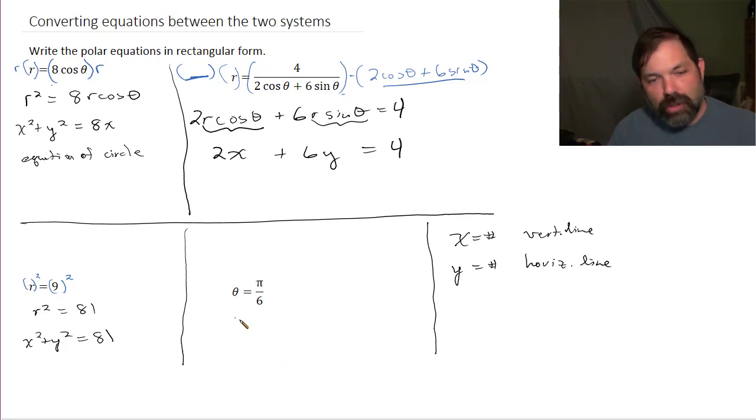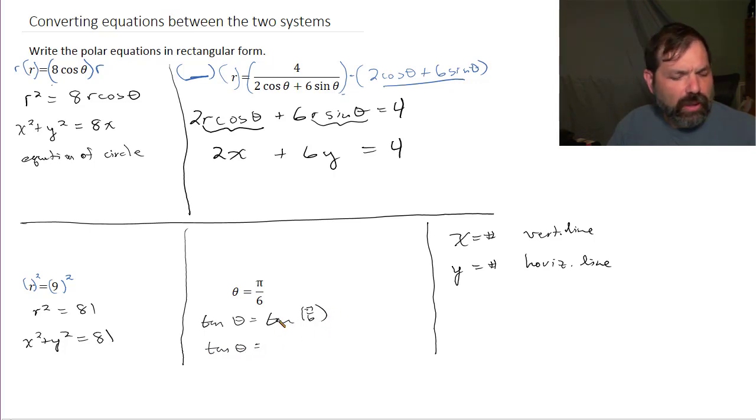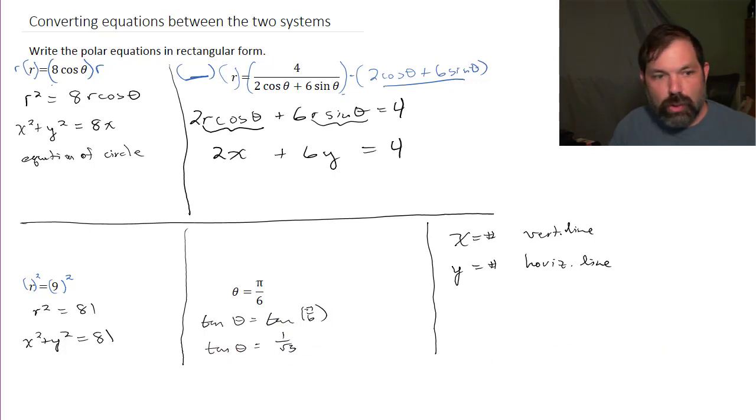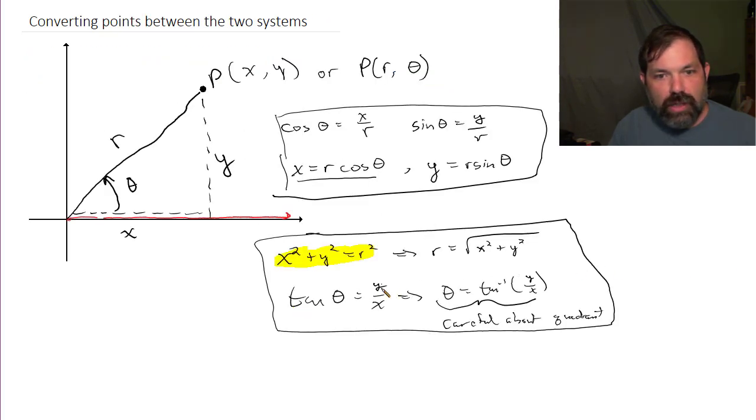All right, so the trick here is, if theta is pi over 6, take the tangent of both sides. If theta is pi over 6, then tangent theta is tangent of pi over 6. So then tangent theta is equal, now the tangent of pi over 6, that's 1 over the square root of 3. All right, now if you remember back, if we go back for a moment to converting points, notice that tangent theta is y over x, right?